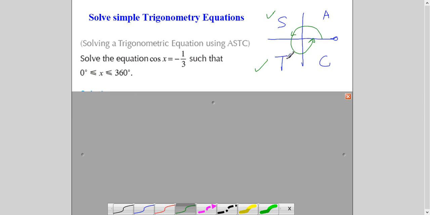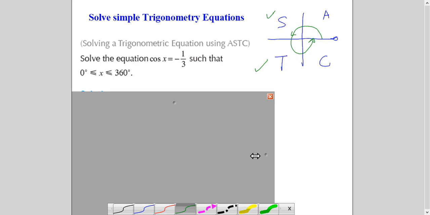Now, how will I find out that angle? What is the technique? The technique is that first of all, you will find out the basic angle, because we have seen in the basic and general angle that basic angles are made with the x-axis in that quadrant.